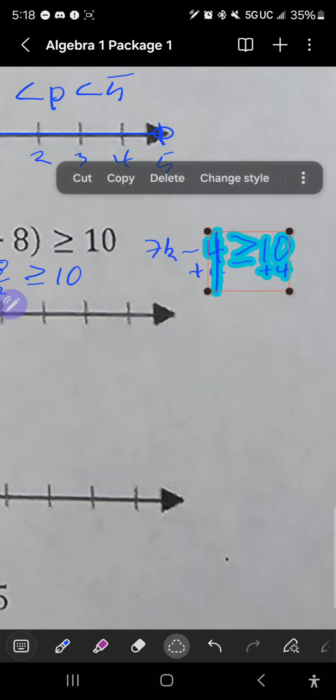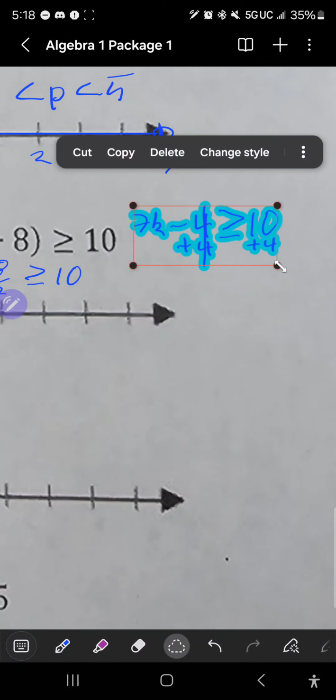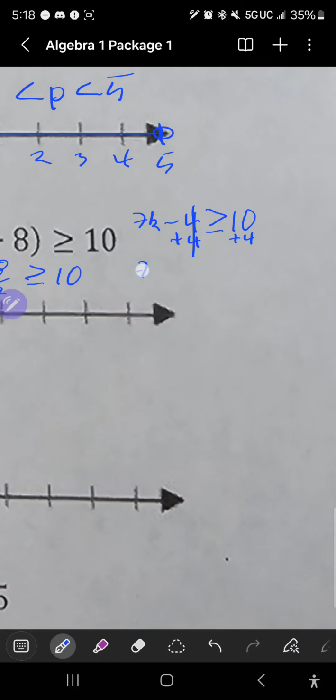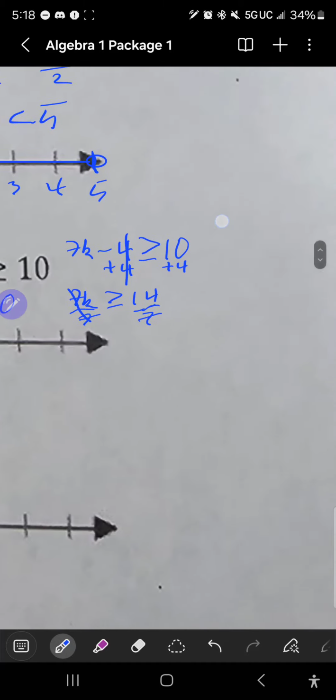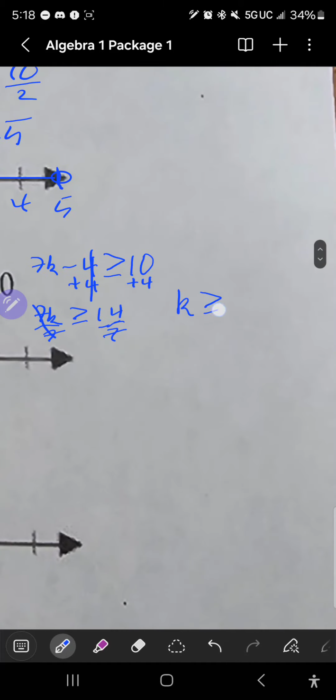So we have 7k greater or equal than 10 plus 4, which is 14. Sorry, I forgot to add this. So we cancel this out and we have that k is greater or equal than 14 divided by 7, which is the same as 2.